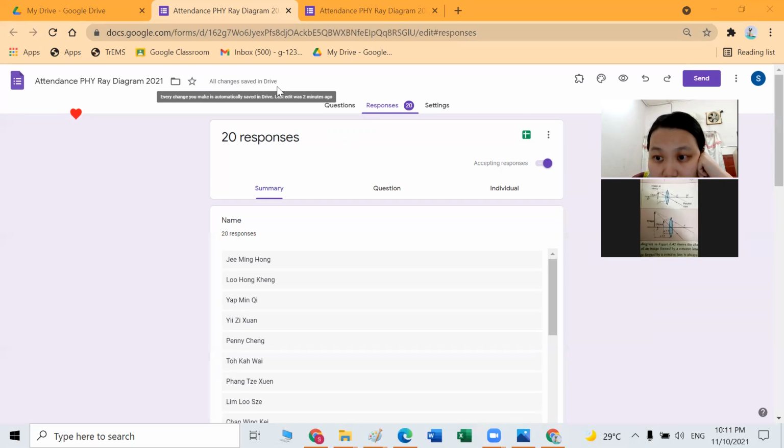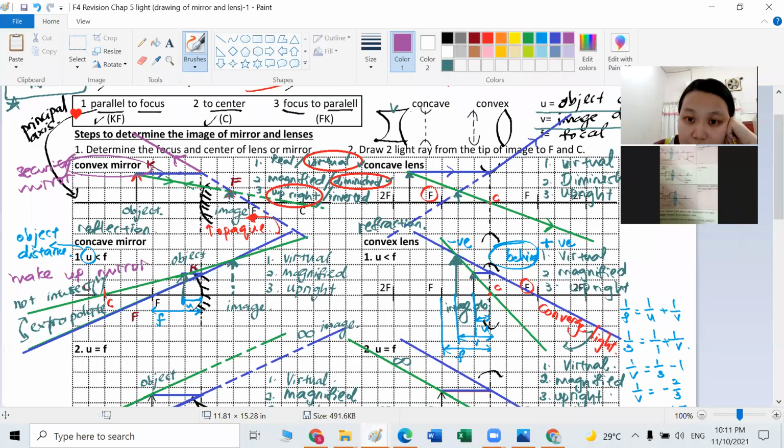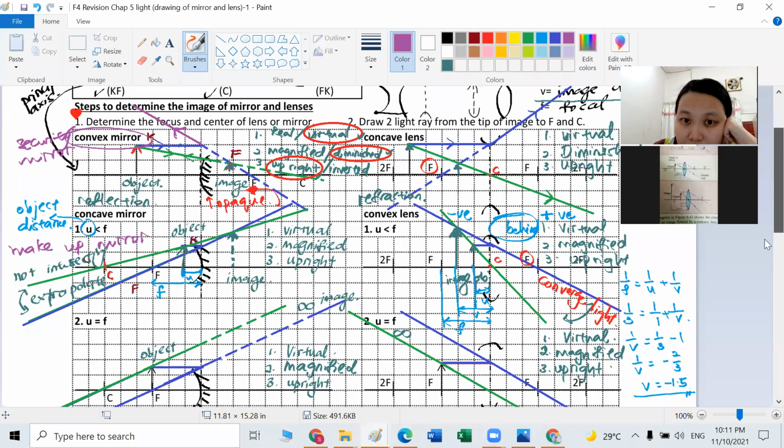Oh, because the object distance is different. See, my object distance is very close to the lens, but in your reference book, the object distance is very close to the focus. Can you see that? Let me show you.